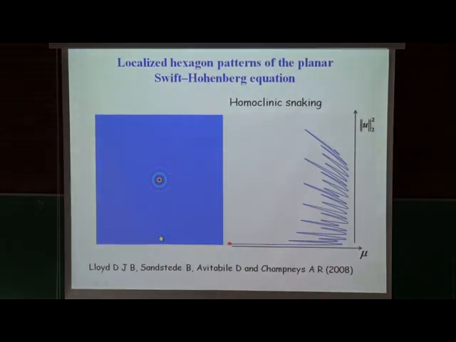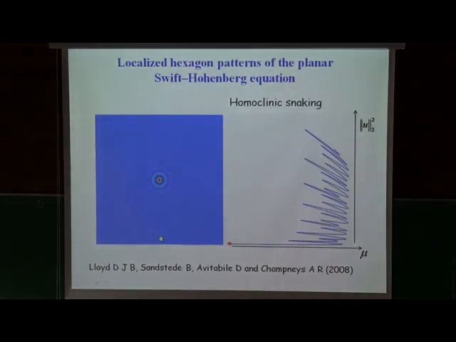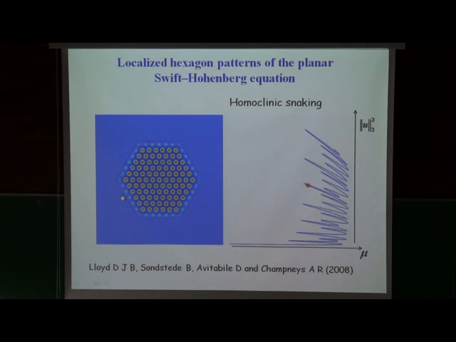And there are some calculations on this homoclinic snaking, for example by David Lloyd. And you see that here, if you wander on this homoclinic snaking curve, you can create larger and larger localized states here. And of course it would be a dream to some extent to reproduce that in the experiment. It's not so easy, but with the ferrofluid we have the possibility to be successful.